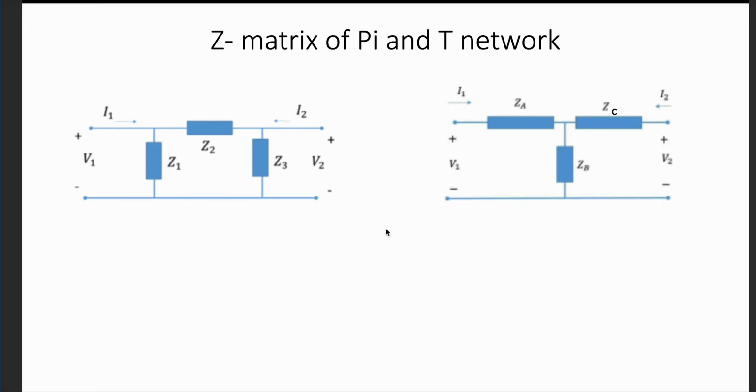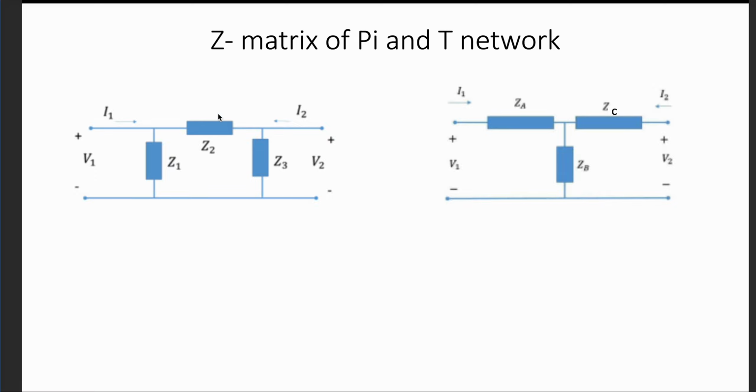So we will see how to solve the Z matrix for such networks. And then in your assignment or in your exam you can get the same circuit but with different impedances, and it will be easy for you to solve if you have done it for a general case.